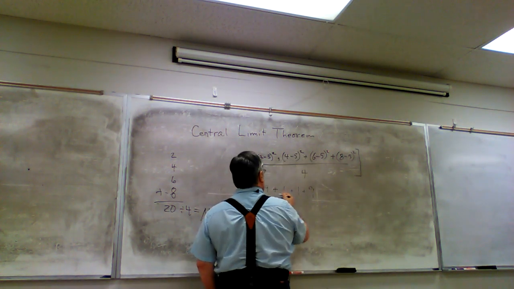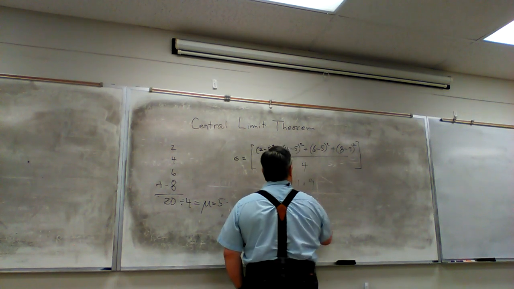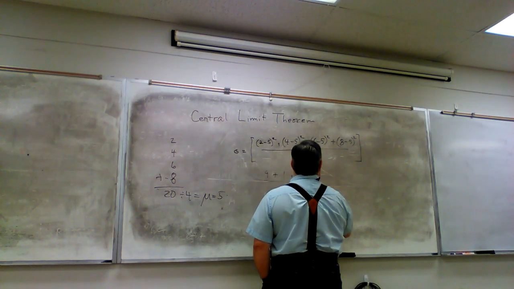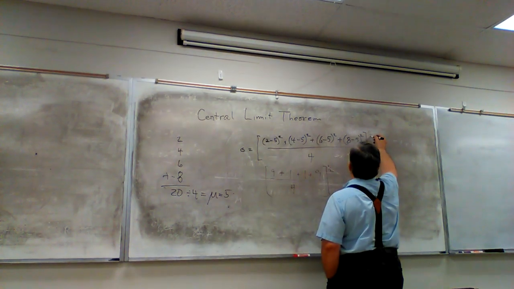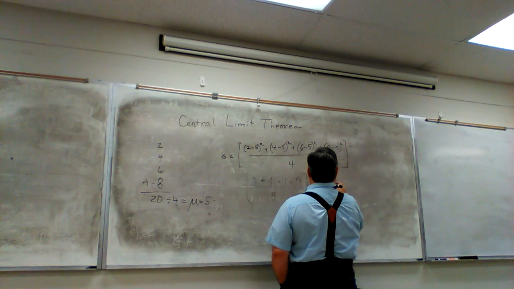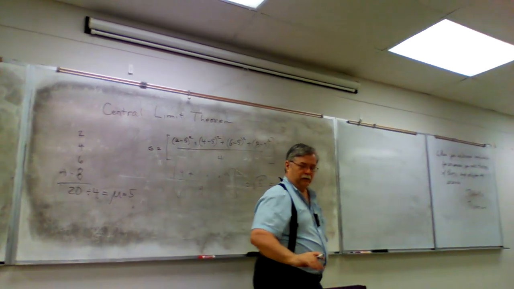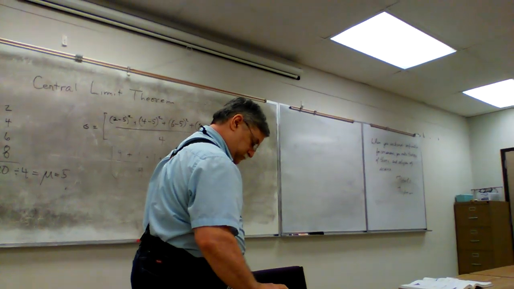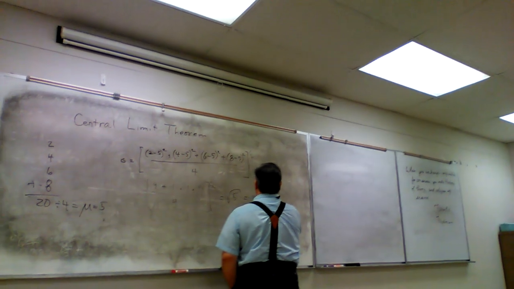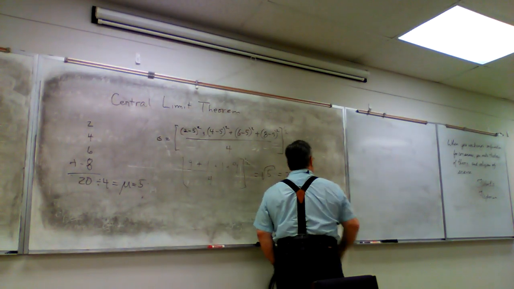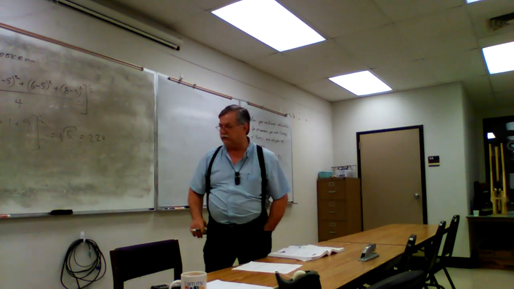So we've got 9, 10, 11, 20, divided by 4, equals the square root of 5, equals 2.24. Okay, they said 2.36.